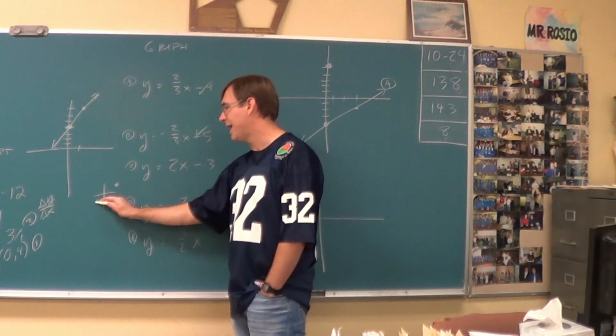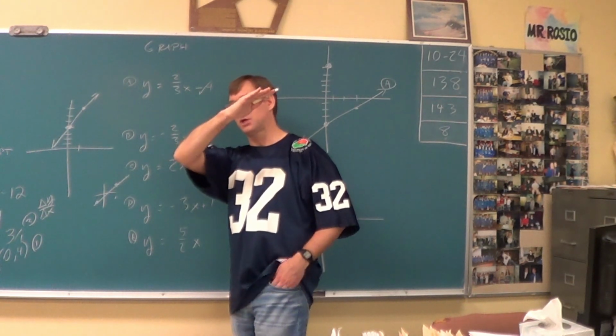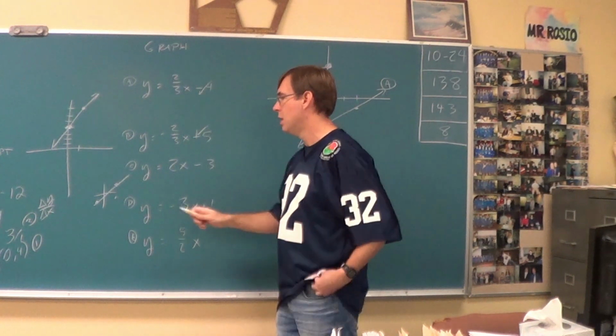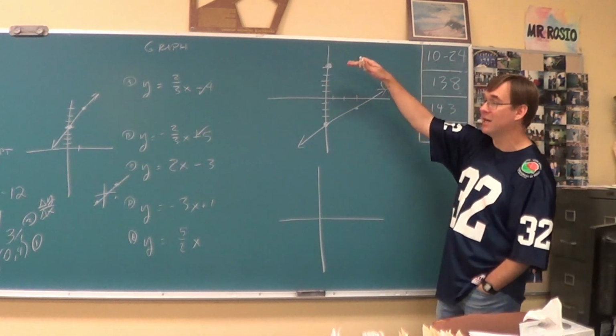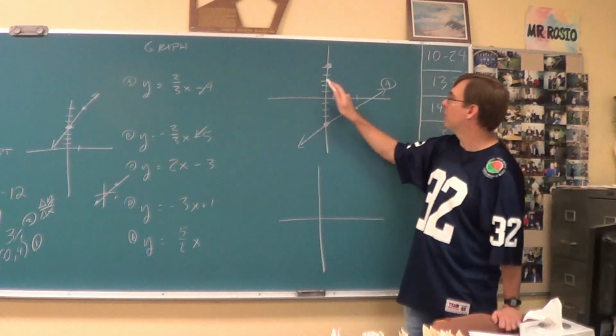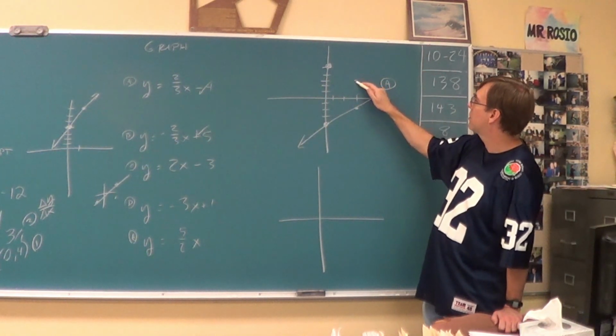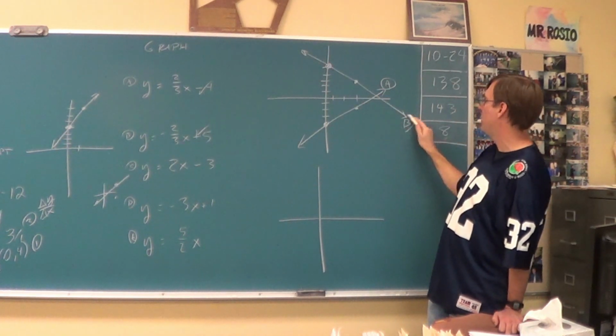But if we went down and left, that's still a positive slope. Positive slopes go uphill, negative slopes go downhill. You always want to go to the right as you move. If it's negative, go down instead of up. So here, down 2, right 3. Make a graph, call that B.